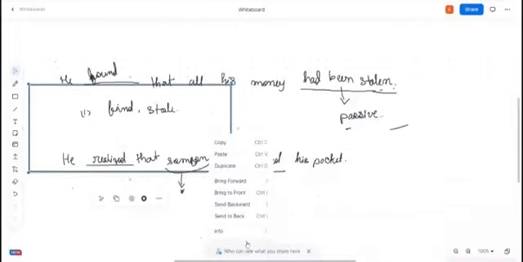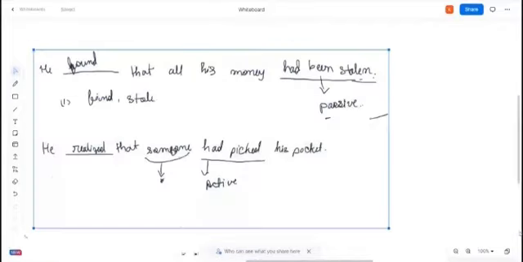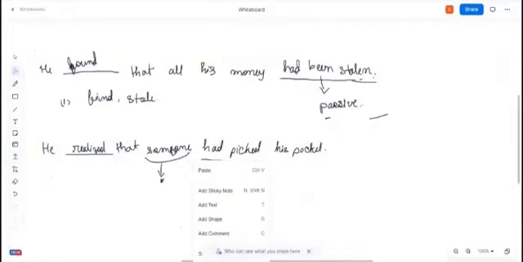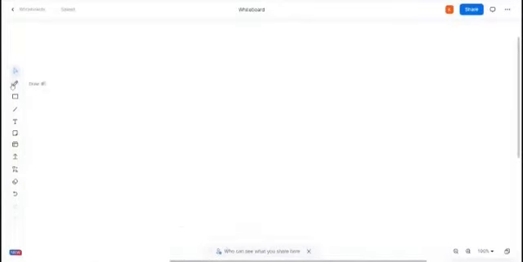Let me write. Can we say he found that all his money was stolen? No, we cannot use that.